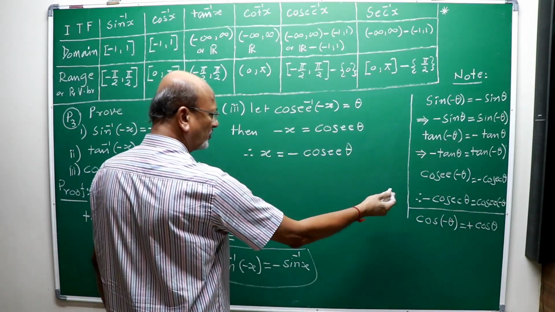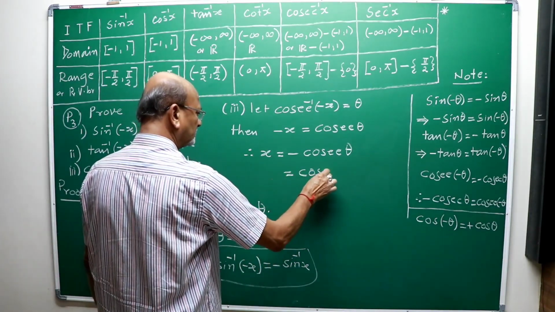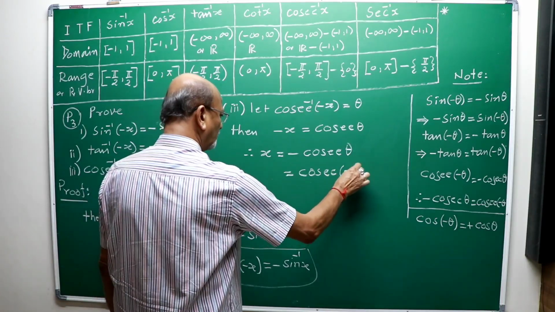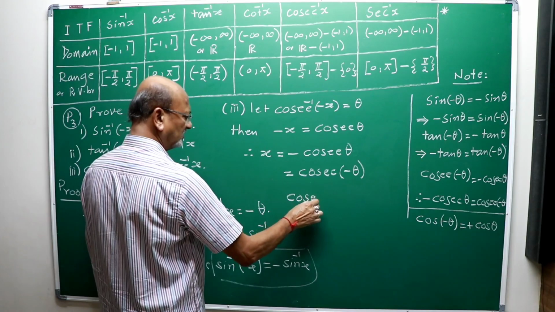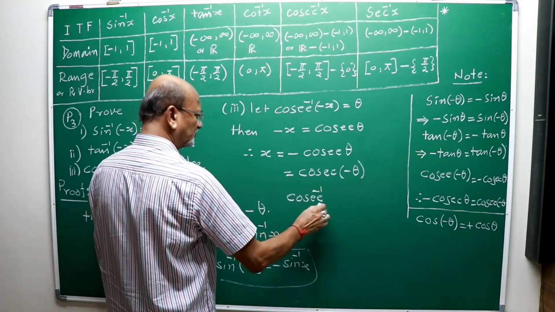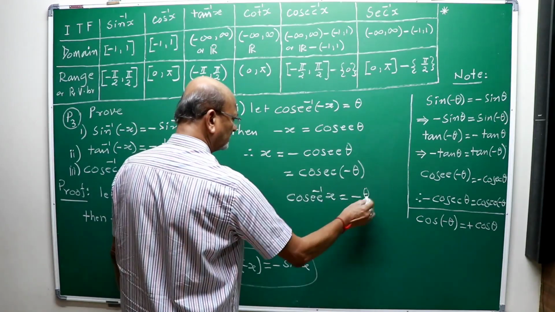Once again, by the previous property, what is minus cosec theta? That minus comes inside: cosec of minus theta. Taking inverse, cosec inverse x equals minus theta.